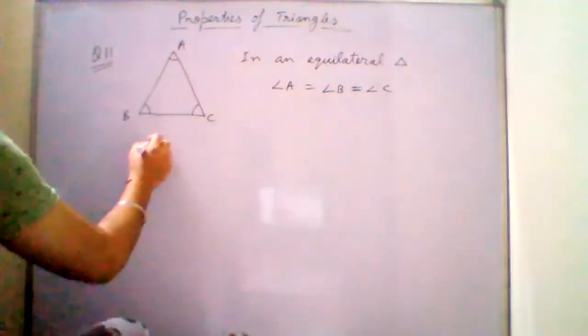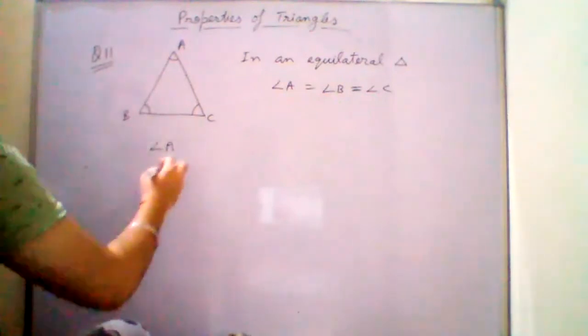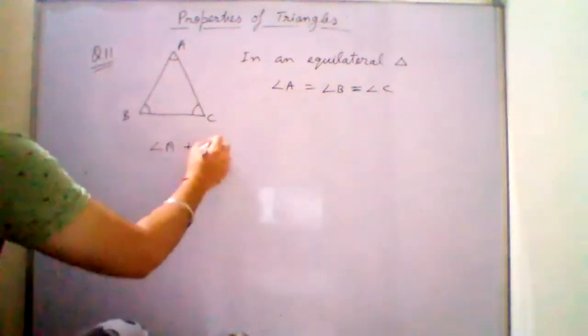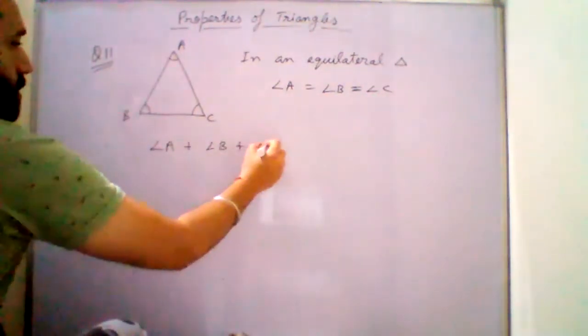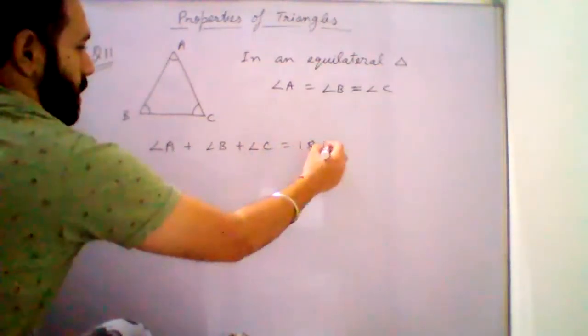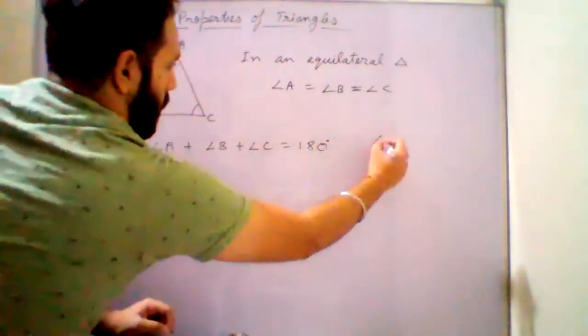Now use the angle sum property to find all the three angles. Angle A plus angle B plus angle C is equal to 180 degrees. Reason: ASP.